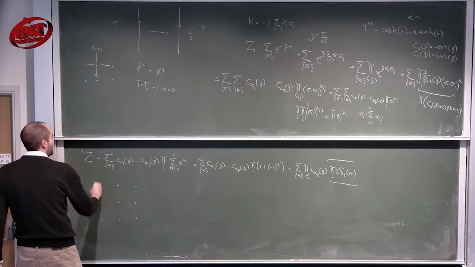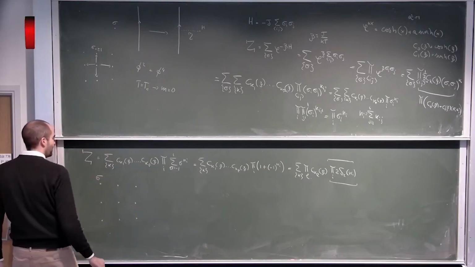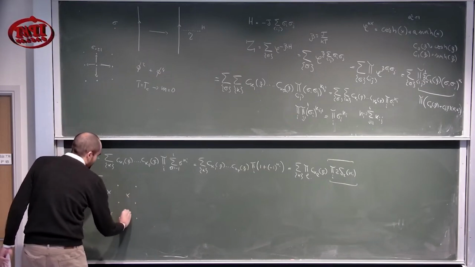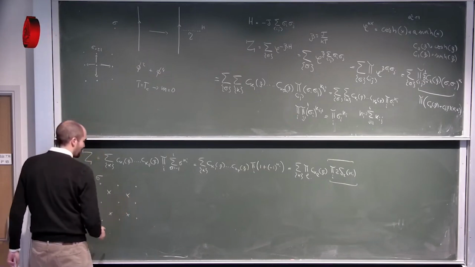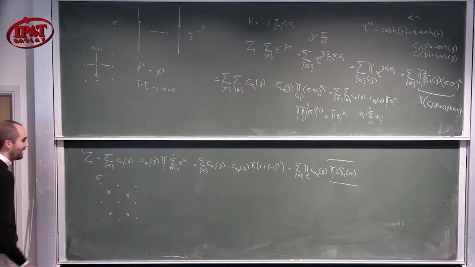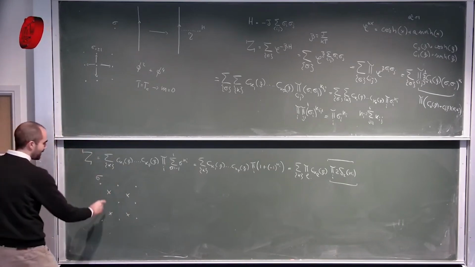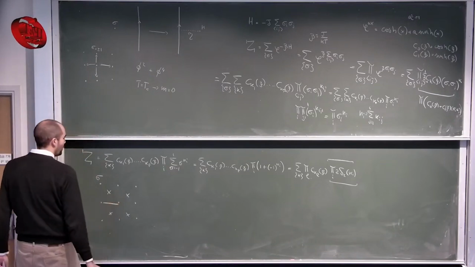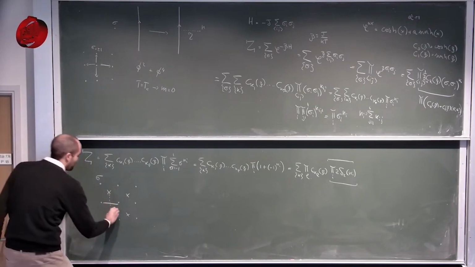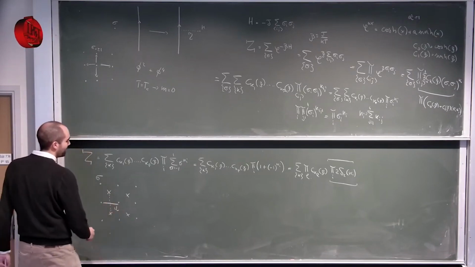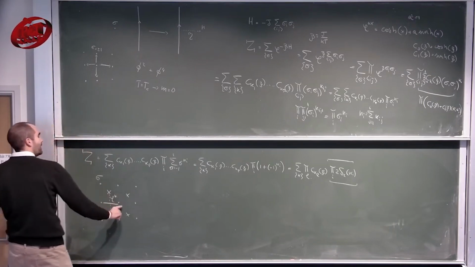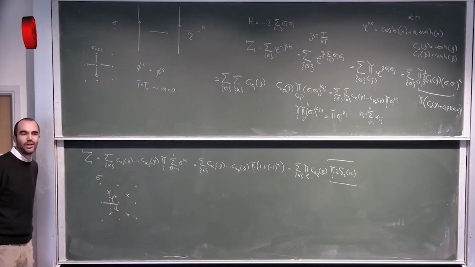So if this is my initial lattice with my variable sigma, now let me build a lattice which is displaced by 45 degrees in each direction. So I'm going to put a spin in the center of every plaquette. Then the links in the old lattice are in one-to-one correspondence with the links in the new lattice. So let me call L the links in the old lattice and L star the ones in the new. So for each link in the old lattice, there is one in the new one that crosses it.